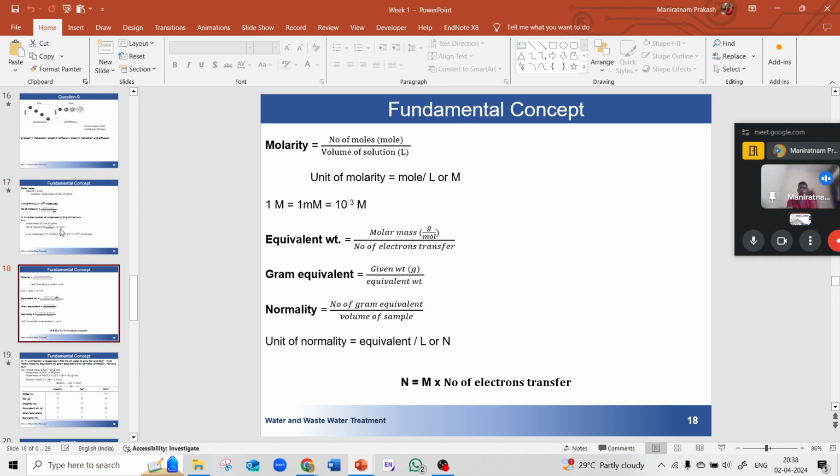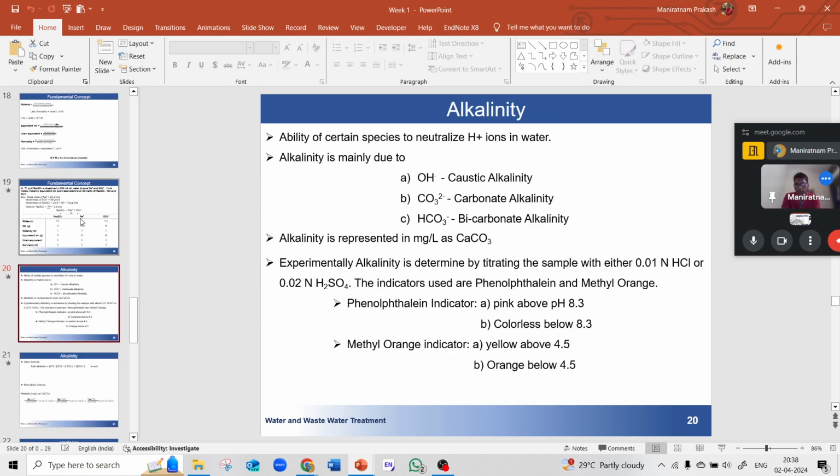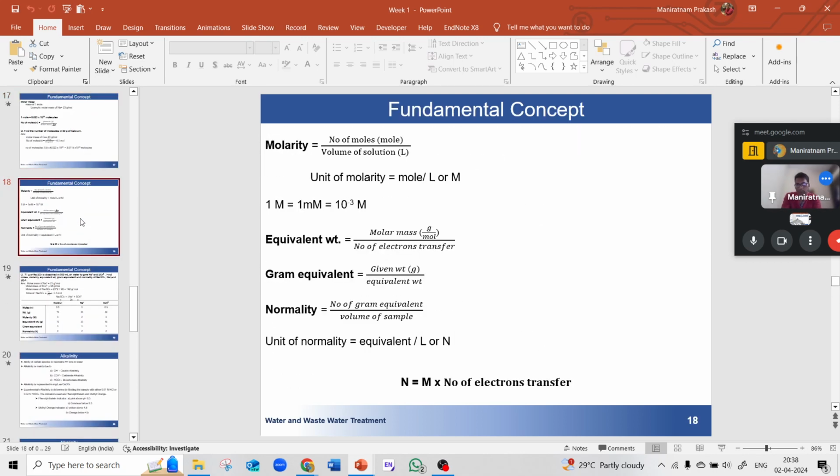Here you can see what I said. This thing I was saying, I have already shown that molarity is this divided by this. I was just focusing on equivalent weight and normality.